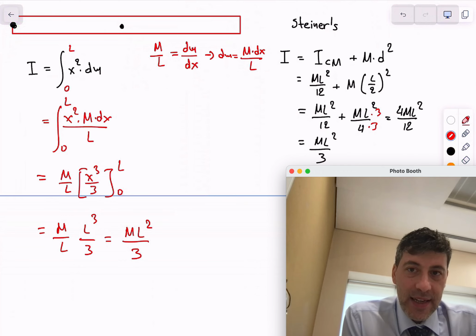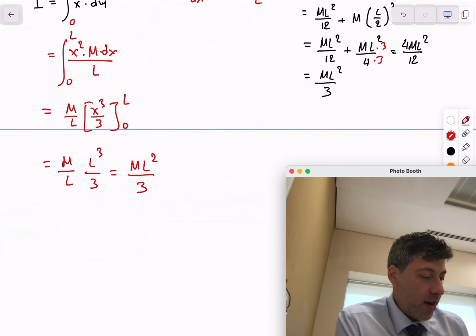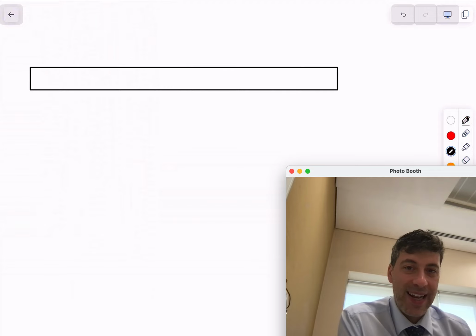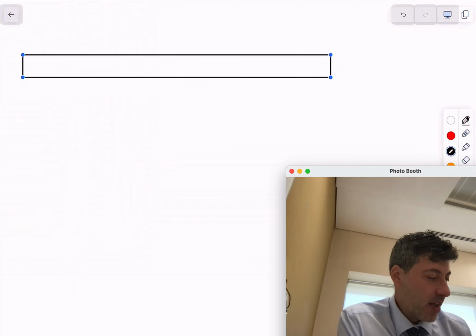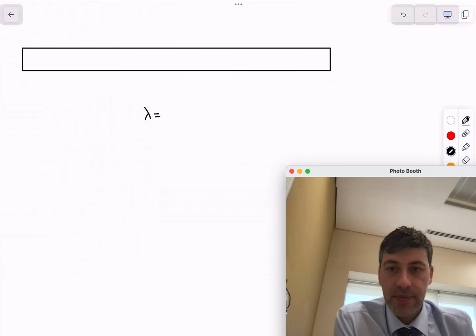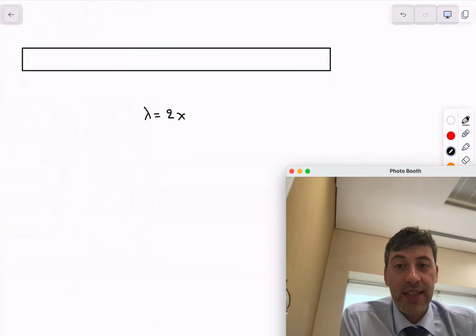The last case where we will try to apply the moment of inertia is for a non-uniform object, a non-uniform distribution of mass, where somebody might give you a function for the linear mass density. For example, he could tell you that the linear mass density is 2x. Now, what does this mean?